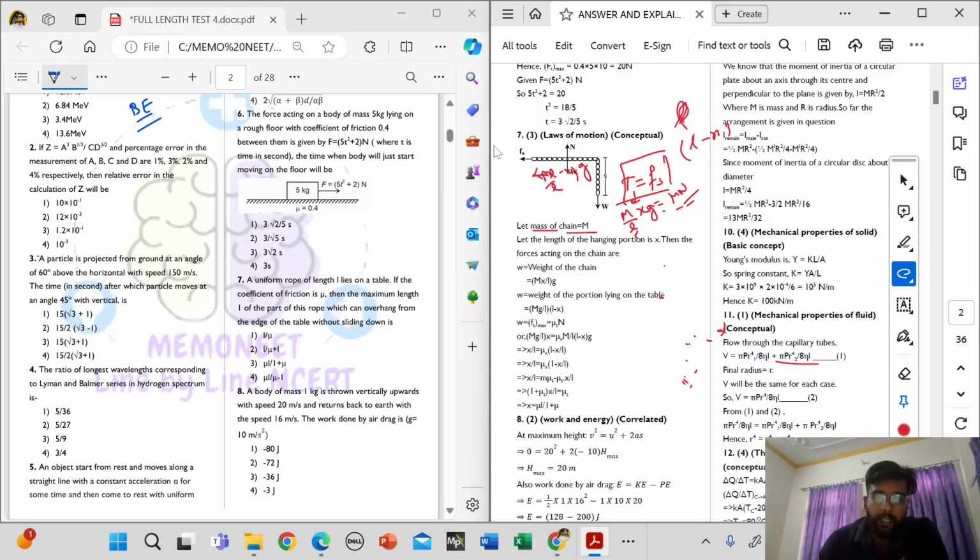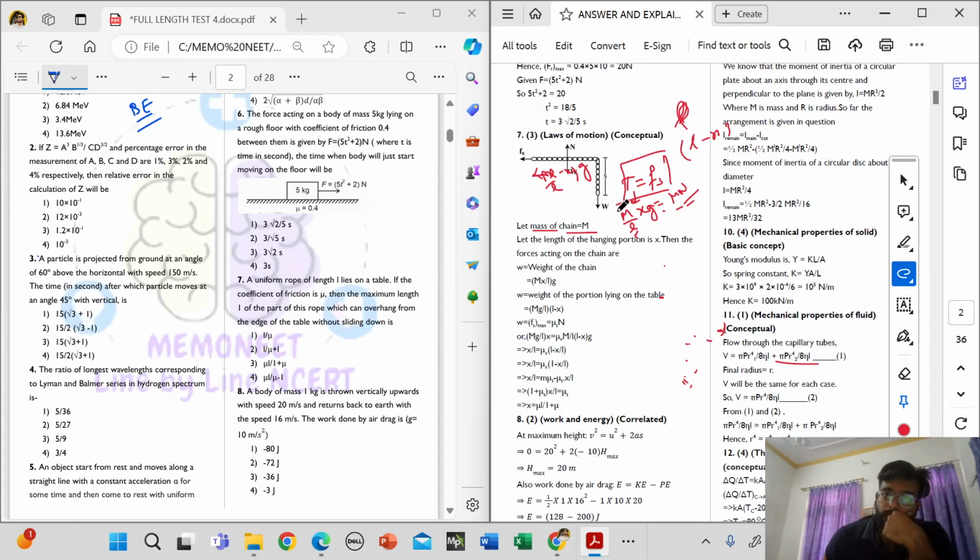Now we have to calculate the maximum length for which it can overhang from the edge of the table without sliding down. Given the situation that it is hanging like this, we want to calculate this x length such that it will not slide down.